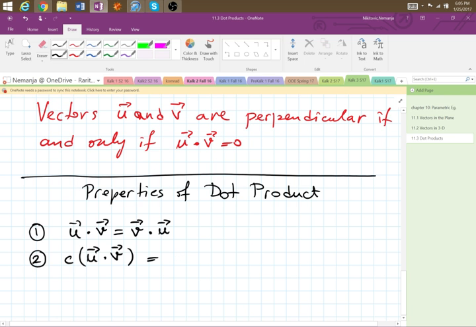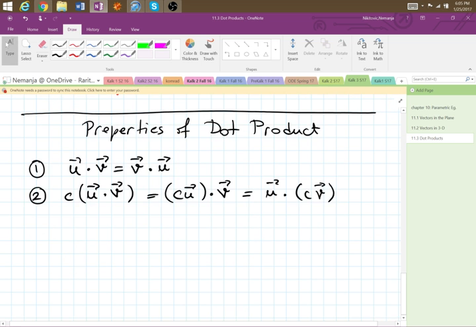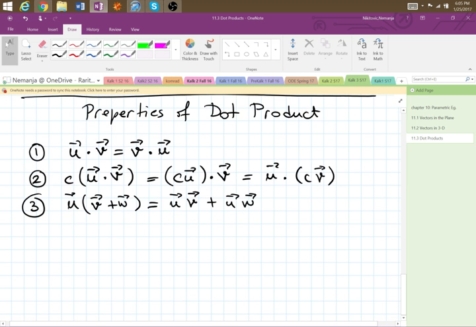The associative property, so you can go cu and then dot v, or you can go u dot cv. And the distributive property for the dot product. So those would be the properties.